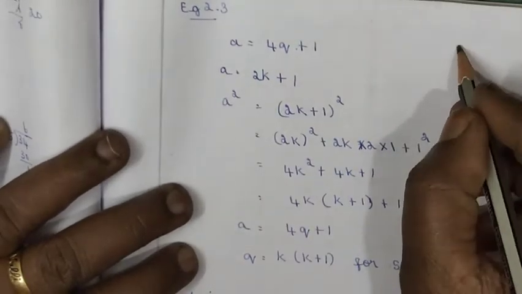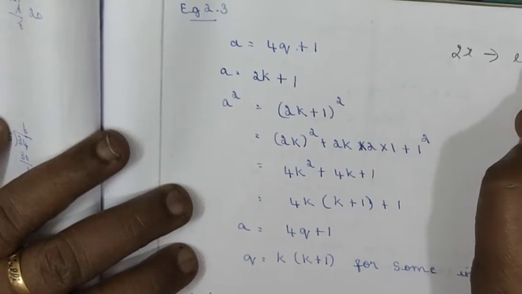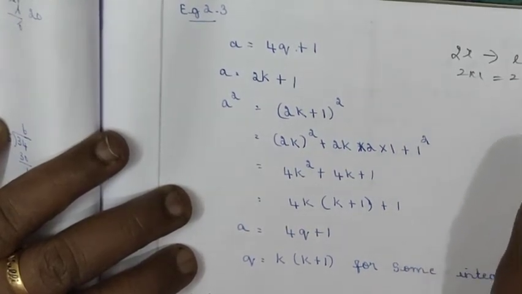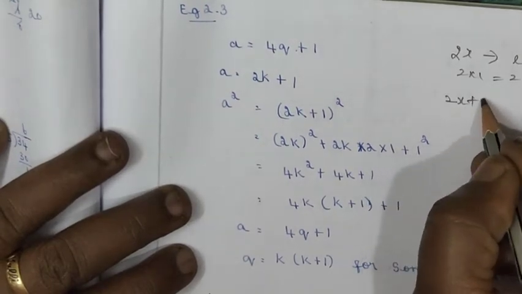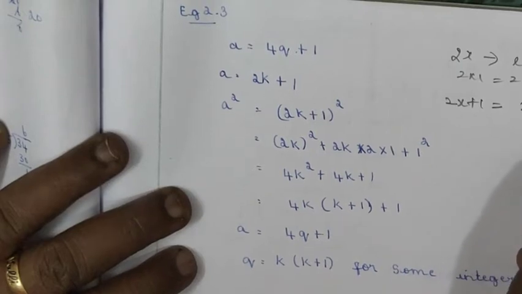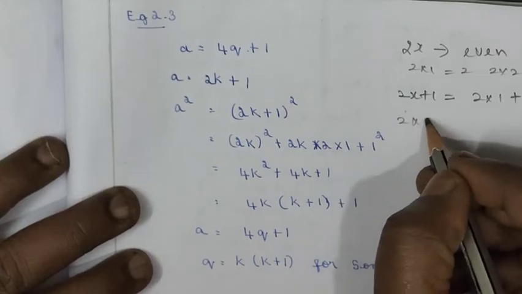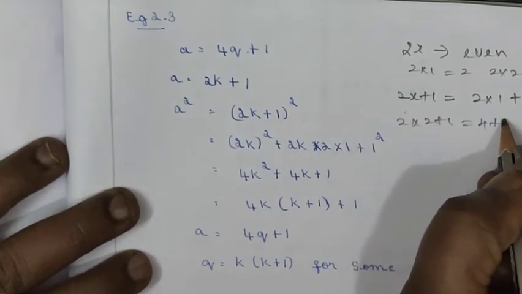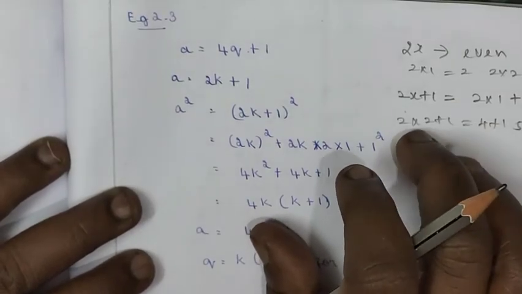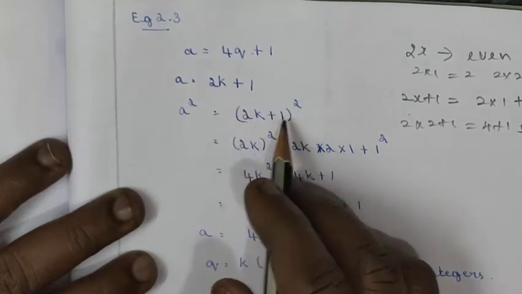We know that 2x means it is an even number: 2 into 1 is 2, 2 into 2 is 4, like that. Now if I take 2x plus 1, that is 2 into 1 plus 1, 2 plus 1, 3. Then 2 into 2 plus 1, that is 4 plus 1, 5. So when we add 1 to an even number, we get an odd number.